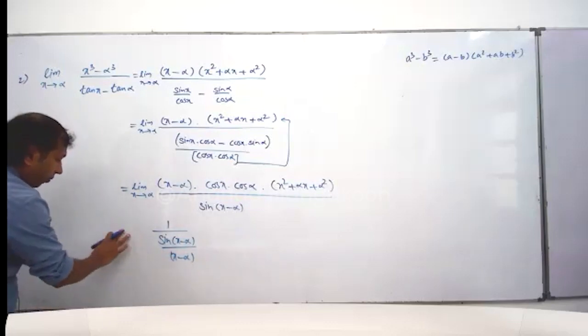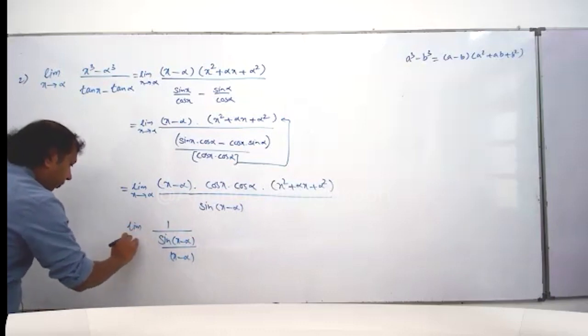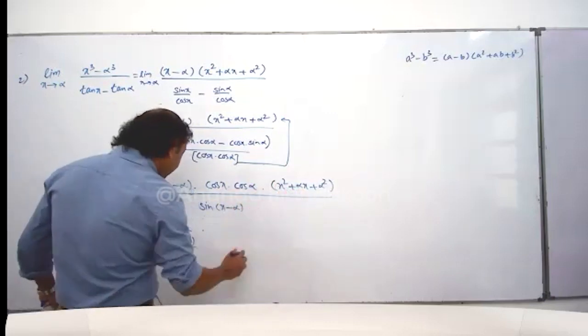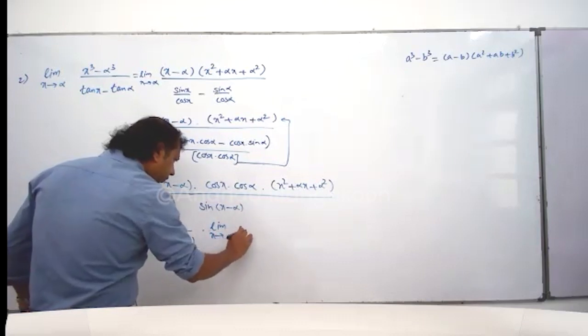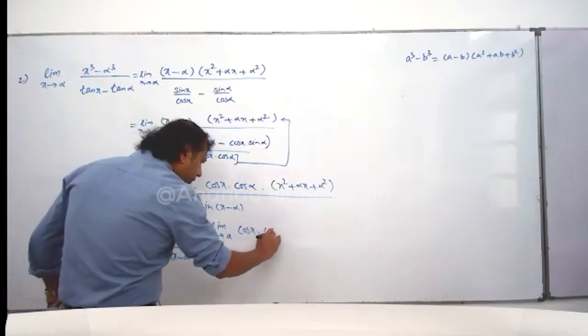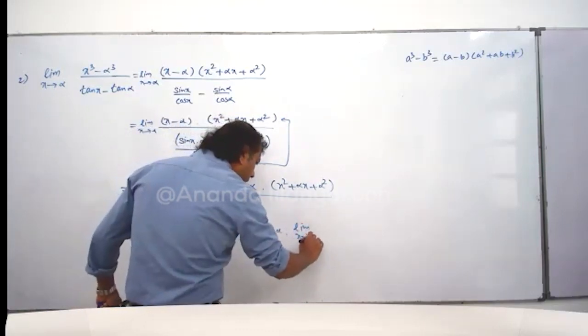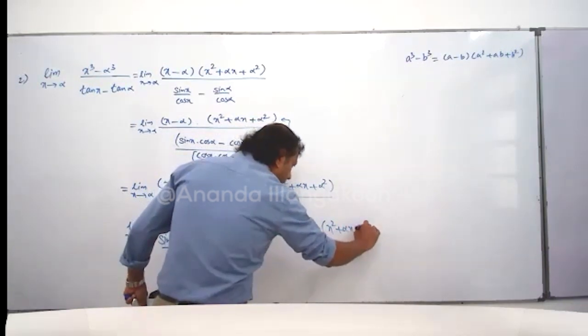Now I am going to apply the limit for this, and next one for this and this separately. Limit x going to alpha of cos x cos alpha, and limit x going to alpha of x square plus alpha x plus alpha square.